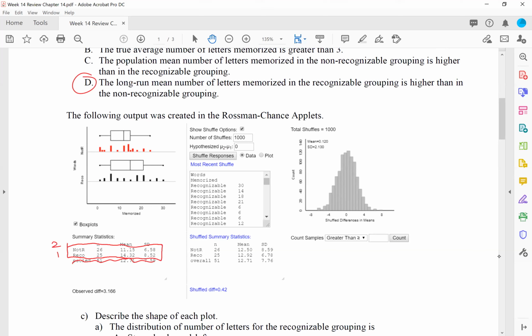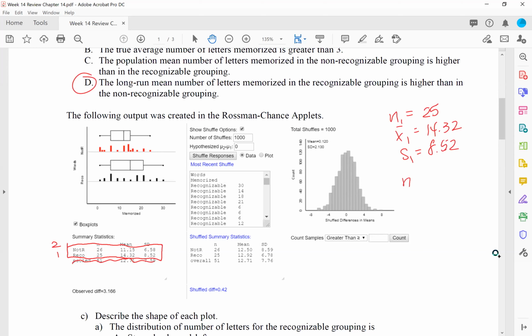So just to jot down some summary stats here, we know the sample size for group 1 is 26. The mean for group, sorry, not for group 1. Let me fix that. It's 25. The mean for group 1 is 14.32. And the sample standard deviation for group 1, that's our S1, is 8.52.